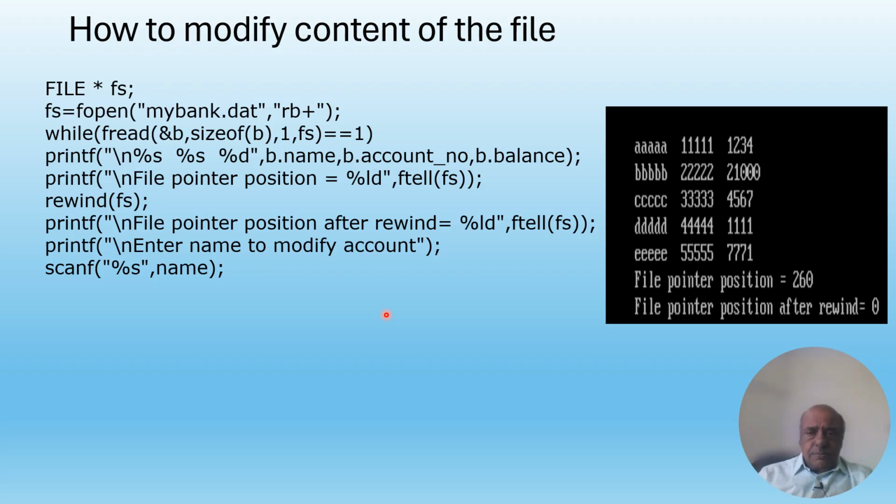Then we prompt the user to name the account which he wants to modify, and that name supplied by the user is assigned to the string called name, which is a part of the main program declaration.